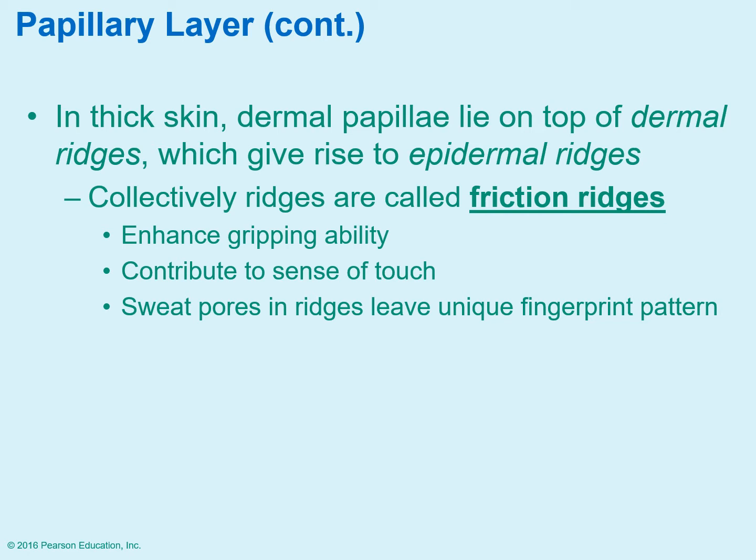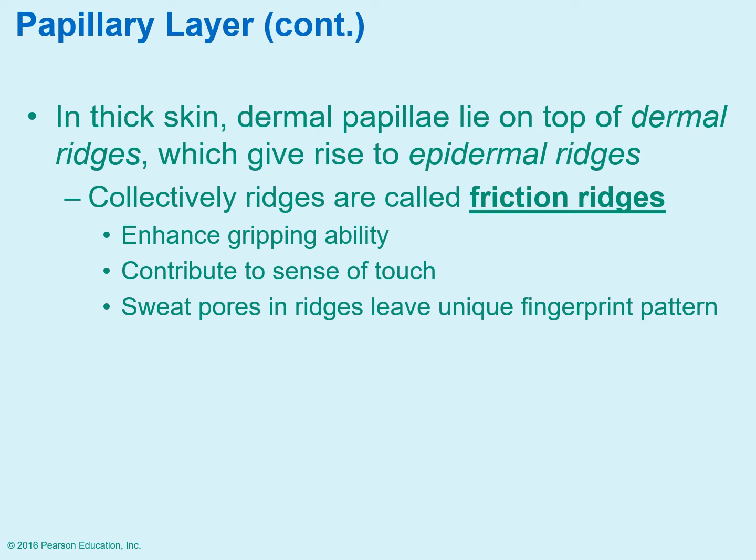Anatomically, we refer to them as friction ridges. Why do you have them? It helps you to grasp better. If you have sweaty palms, if your fingers were a completely smooth surface without those ridges, it would be very hard to hold on to things. So it does help with your ability to grip or grasp onto things. It does help with your sense of touch.